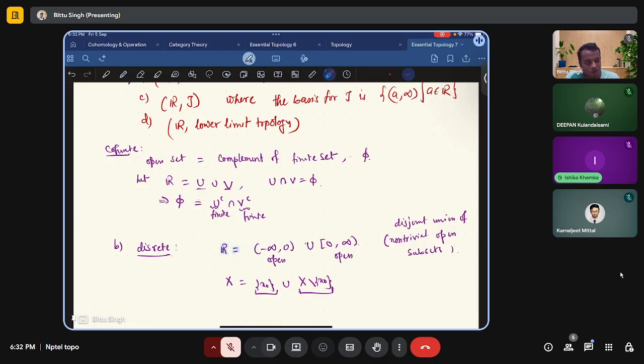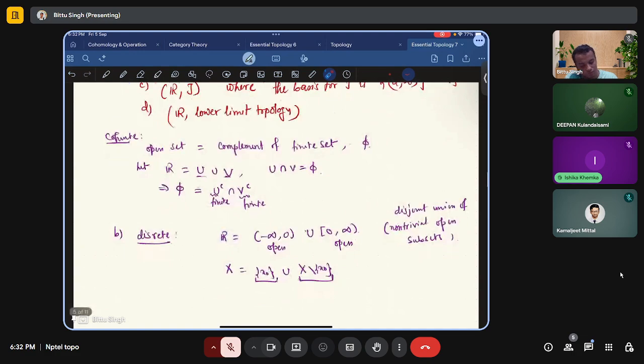It is easy to see, right? Take any open set A infinity and another open set B infinity. Those will always overlap. So for C, R cannot be broken into two disjoint open sets.